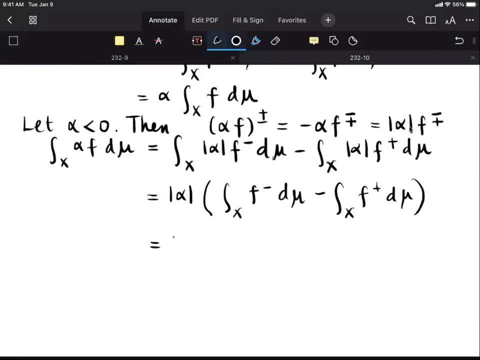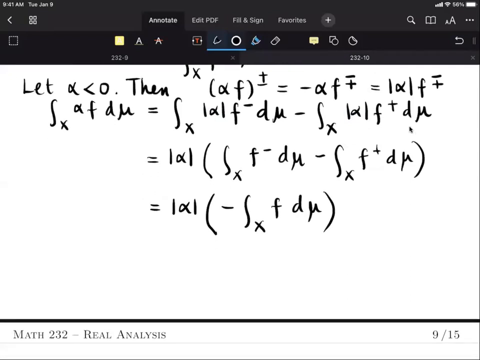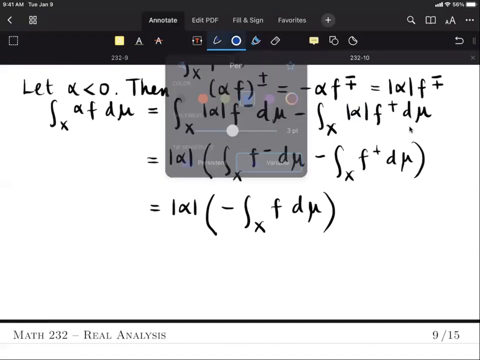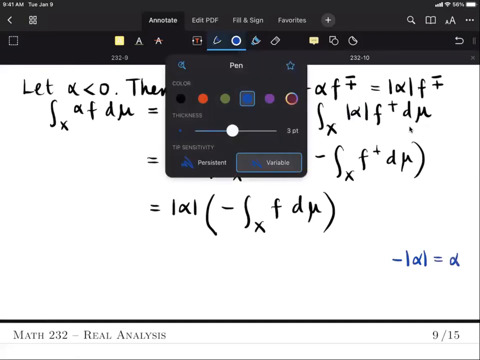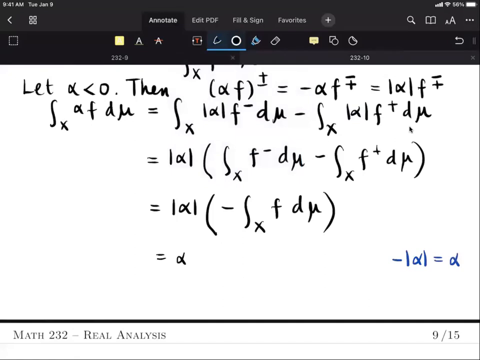But this is the absolute value of alpha times the negative of the integral of f d mu. However, since the negative of the absolute value of alpha is the same as alpha, since alpha is negative, this is the same as alpha times the integral of f d mu.